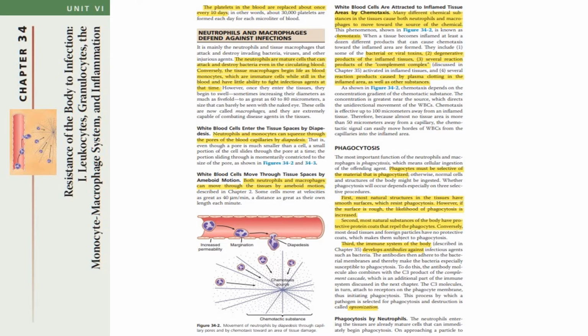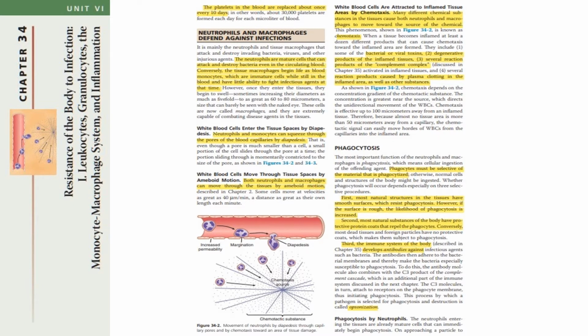Second, most natural substances of the body have protective protein coats that repel the phagocytes. Conversely, most dead tissue and foreign particles have no protective coats, which makes them subject to phagocytosis.